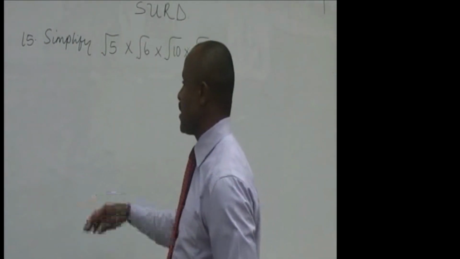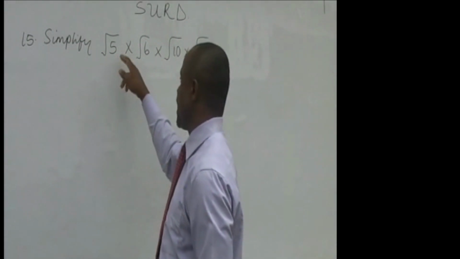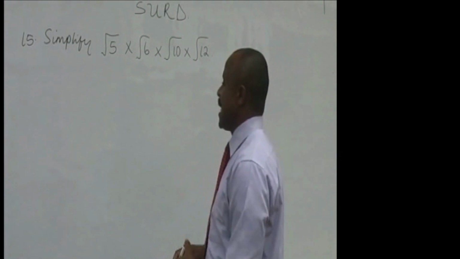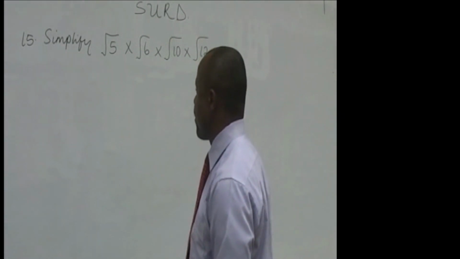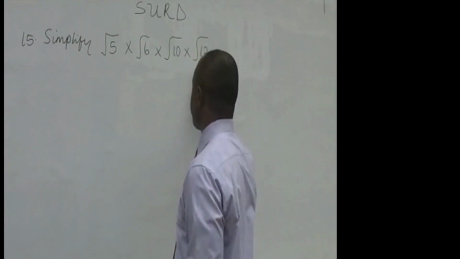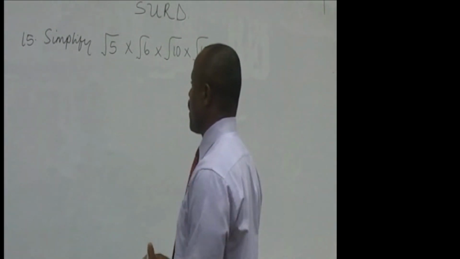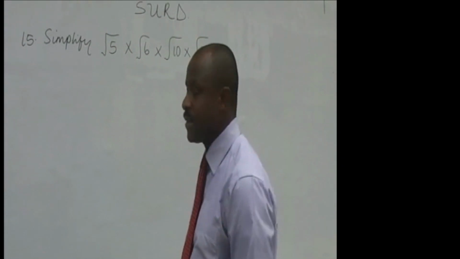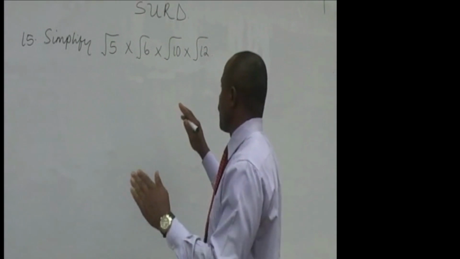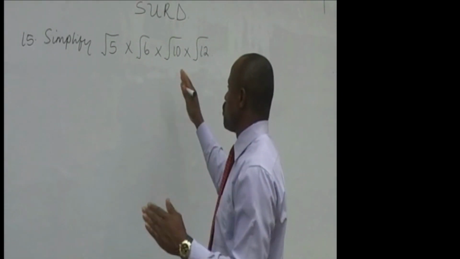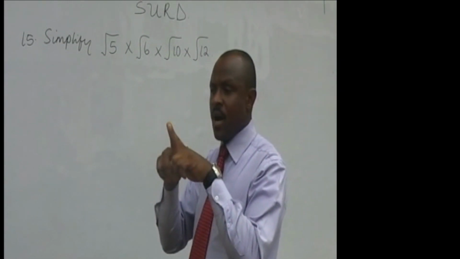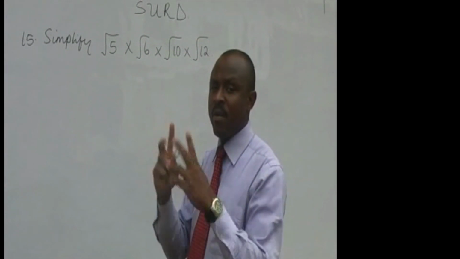Question 15 says simplify root 5 times root 6 times root 10 times root 12. Since there is nothing dividing it, you only try to split the roots you have here so that you can have two numbers of the same roots you can join together and remove their roots.